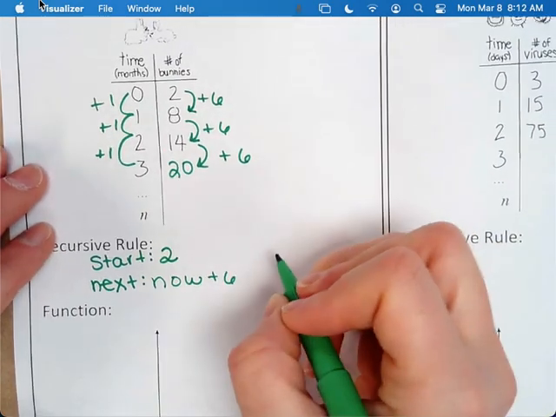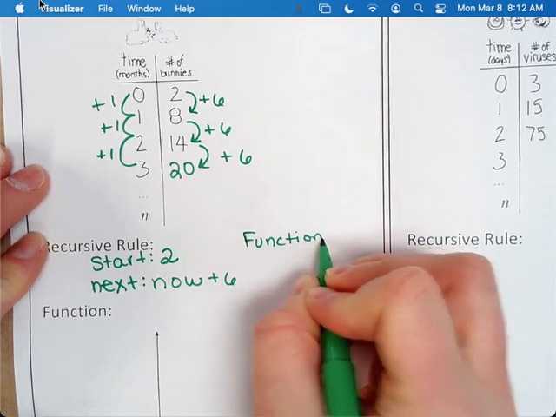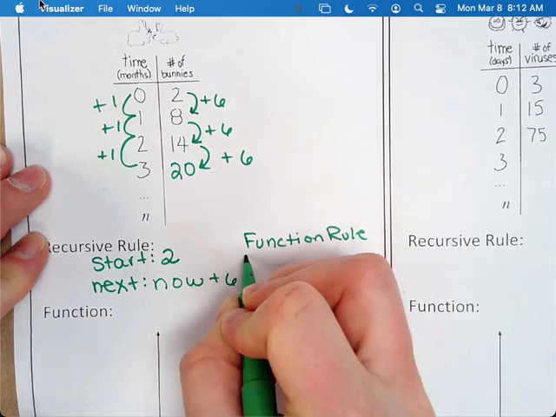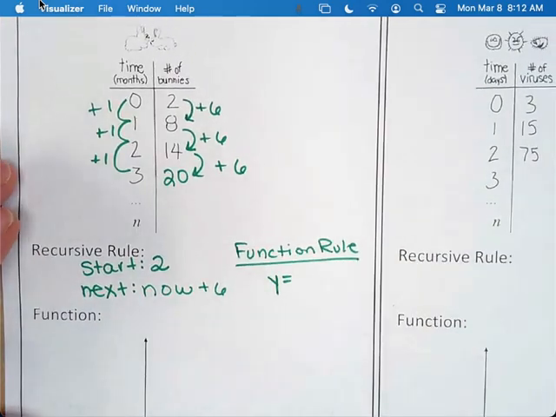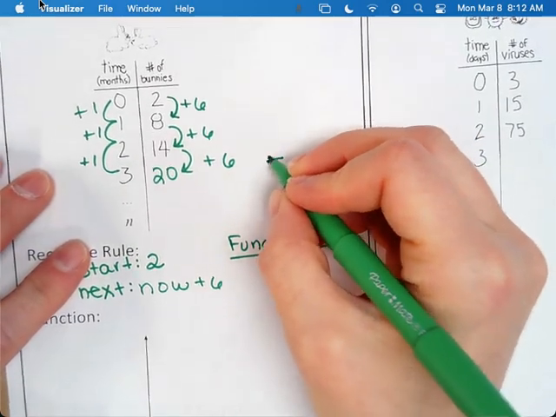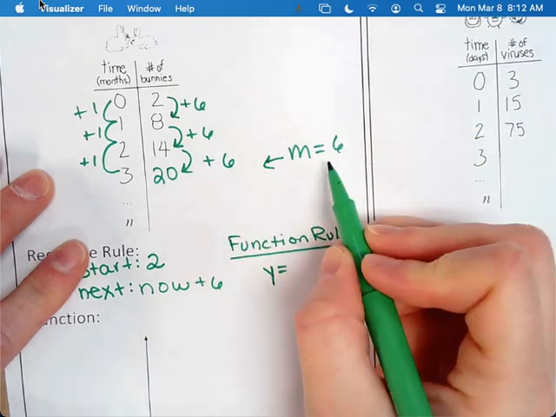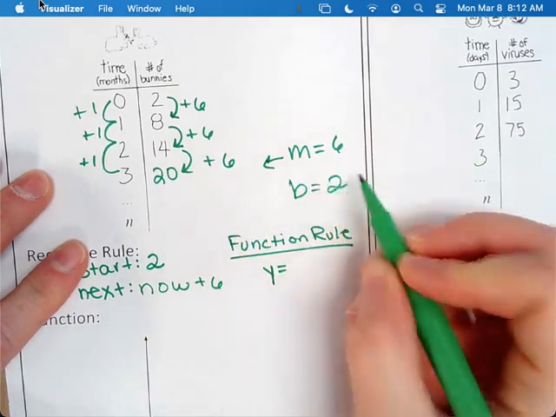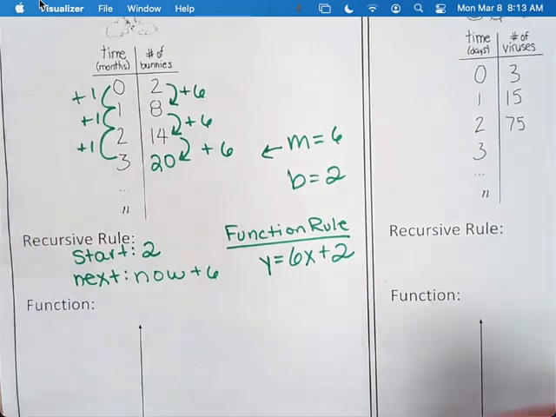Okay, how would we write this as a function rule? y equals 6x, because this tells us our slope, right? And our b is 2. So 6x plus 2. Cool. So this is our function rule.